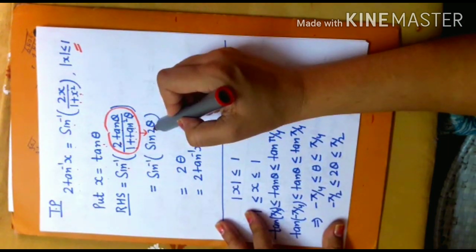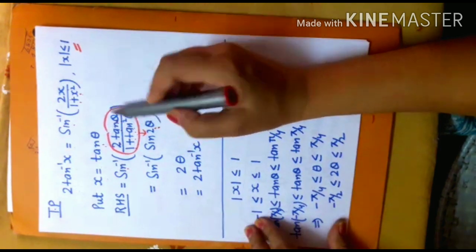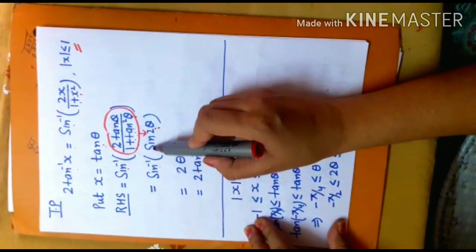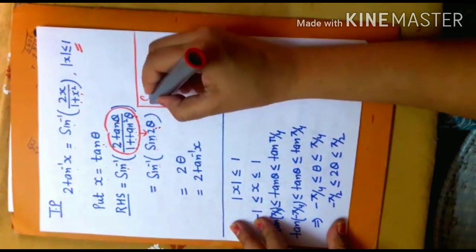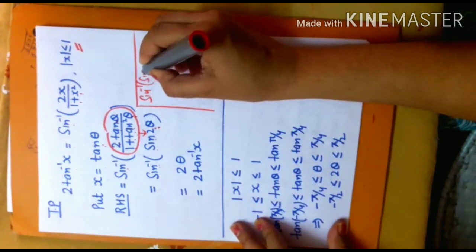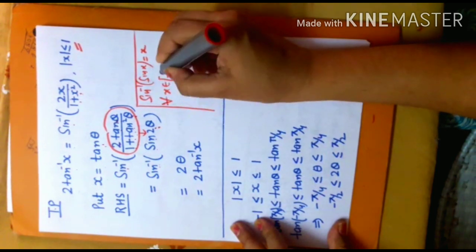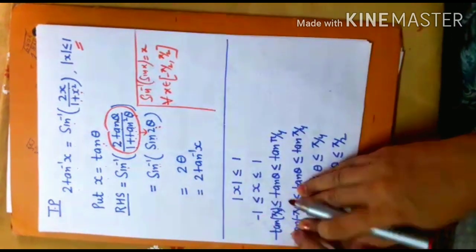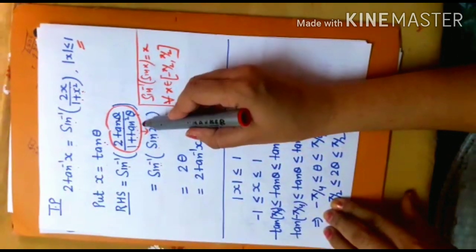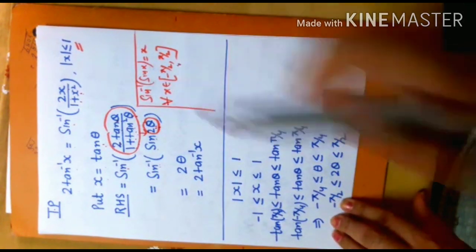Sine 2 theta is equal to 2 tan theta upon 1 plus tan square theta. So I'll get here sine inverse sine 2 theta. And again, we know that sine inverse sine x is equal to x for all x which belong to this closed interval. So I have to see whether this 2 theta belongs to this interval or not.